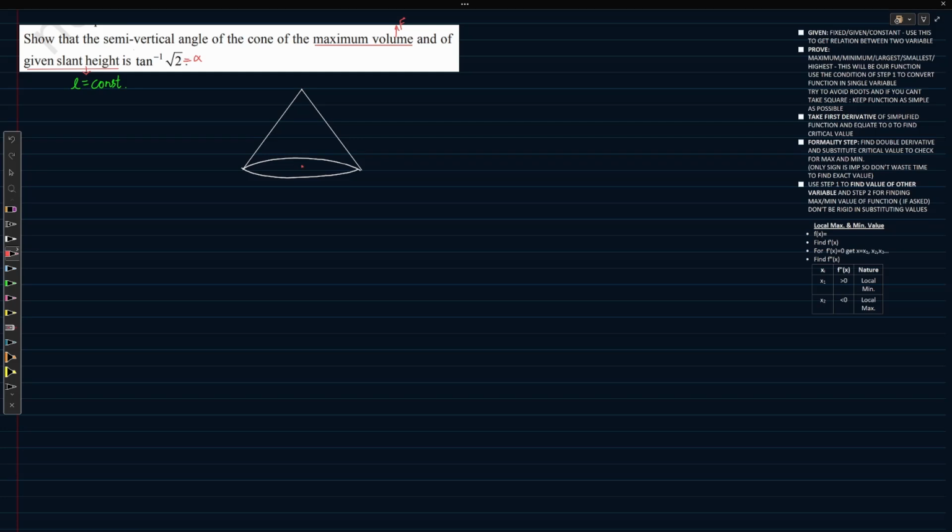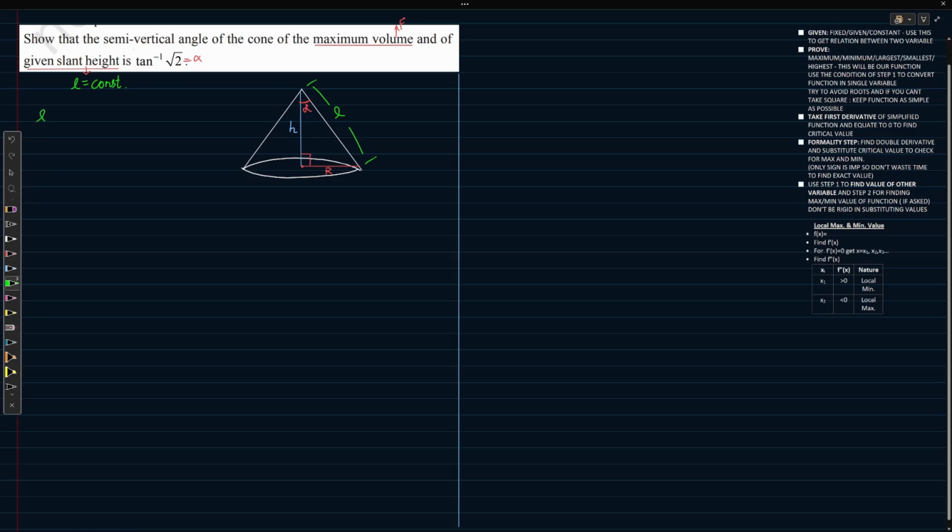Let the radius of the cone be R, the height of the cone be H, and the slant height of the cone be L. The angle formed between the height and slant height is known as the semi-vertical angle alpha.